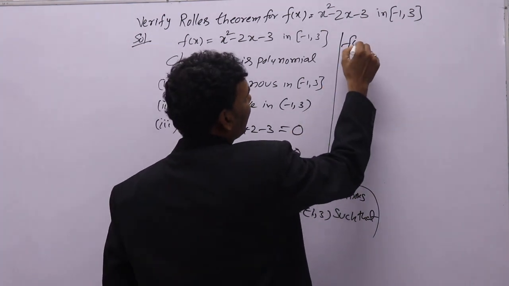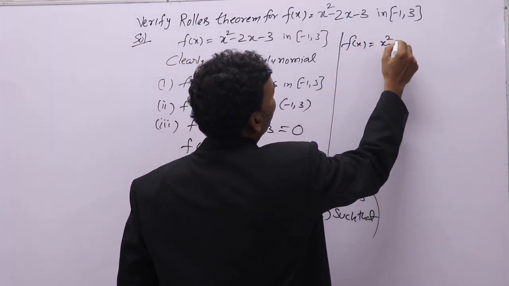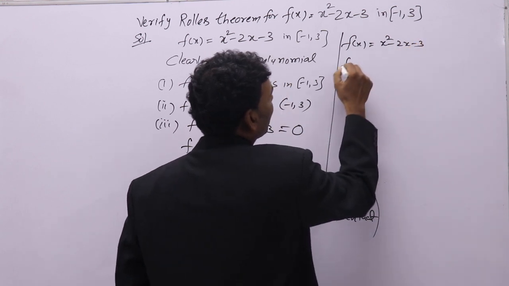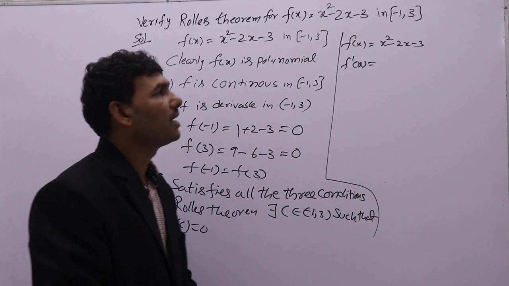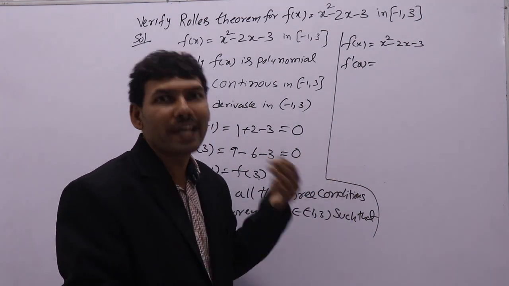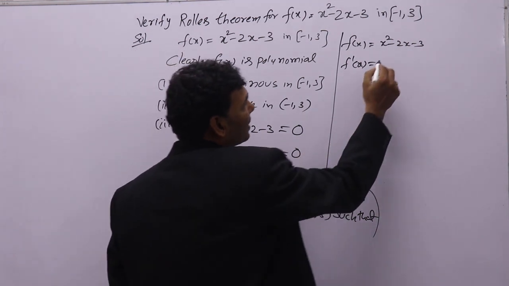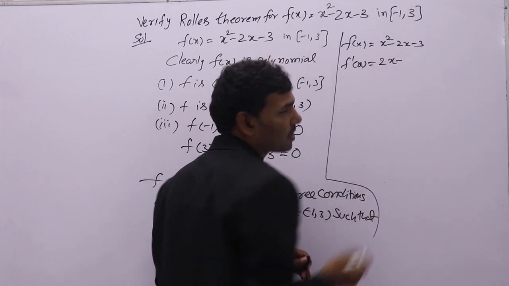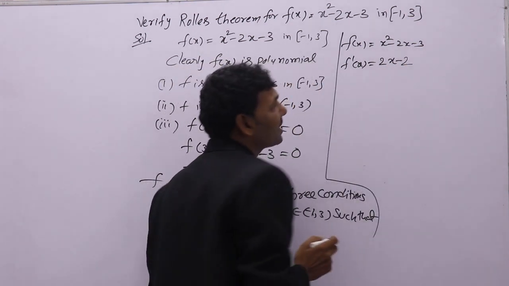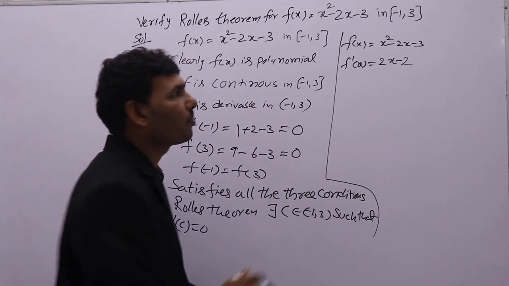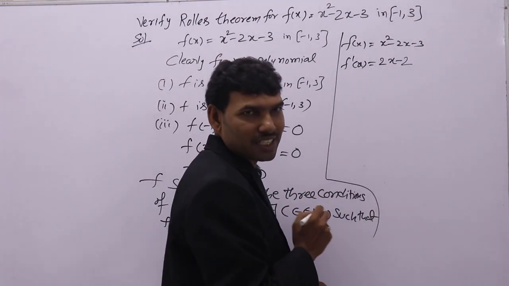F of x is x square minus 2x minus 3. F dash of x means differentiate this one. Differentiation of x square is 2x. Differentiation of x is 1, so 2. Differentiation of constant is 0. That means f dash of x is this one.